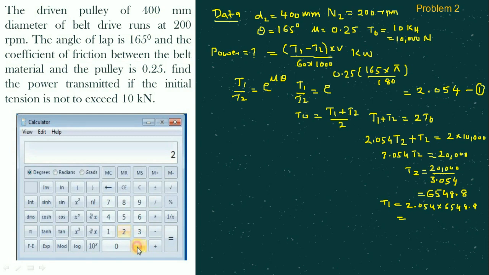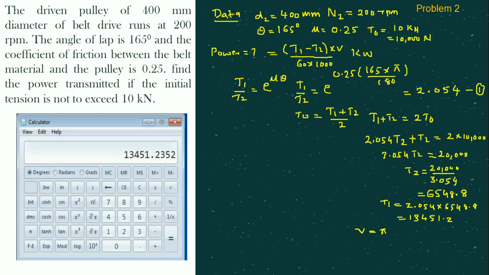Let's calculate this. 2.054 multiplied by 6548.8, which comes out to be 13451.2.